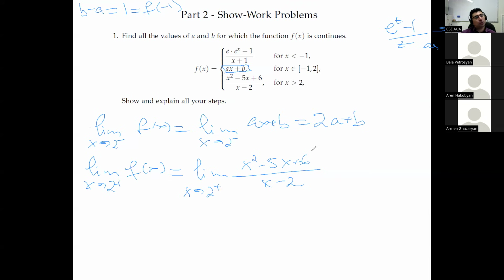If we plug in 2, we'll get 4 minus 10 plus 6, 0 over 0. How we can find this limit? L'Hopital will work. But we can also factor. Our numerator is x minus 2 times x minus 3.